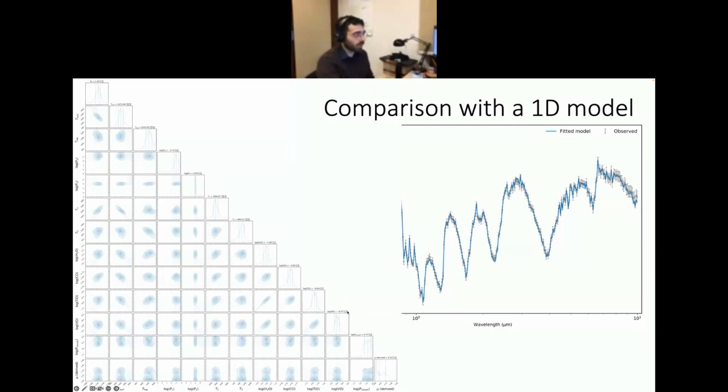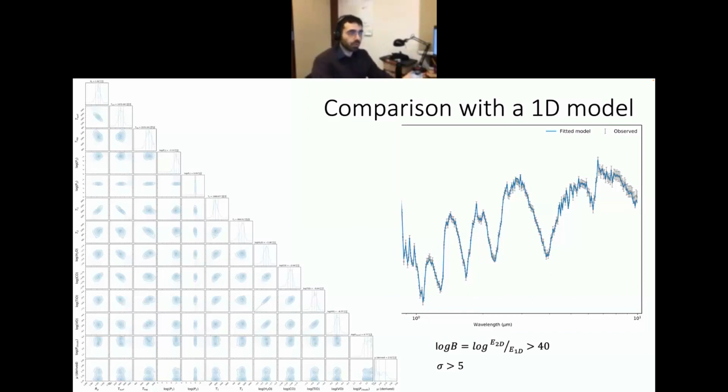That means that we are totally biased towards a solution very far away from the ground truth. So when we perform 1D models, we can still find a statistically significant solution, but it doesn't mean that we are retrieving parameters close to the ground truth of the atmosphere we are observing.